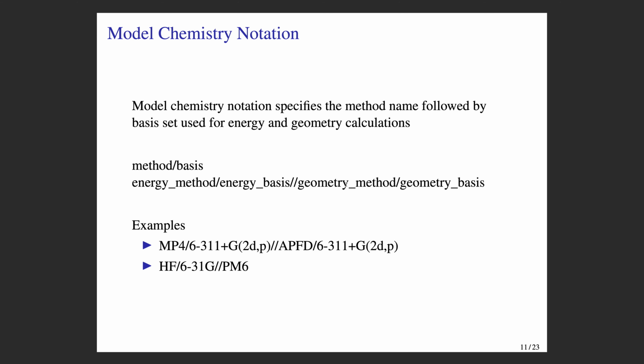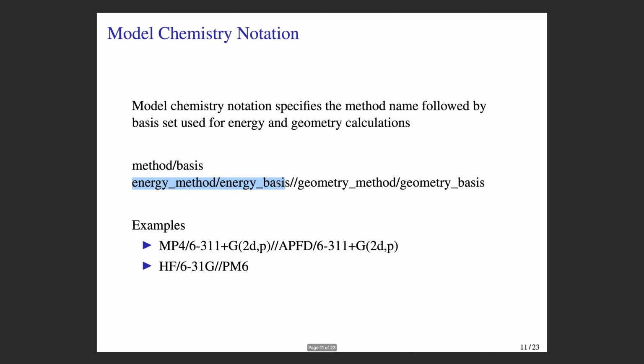And so here's how this slide covers the notation that's used to represent different model chemistries. Generally speaking, it's a method and then a slash followed by the basis set that's used. In more complex calculations, you might use one model chemistry to determine the geometry of the molecule, and then another method to determine the properties of the molecule.